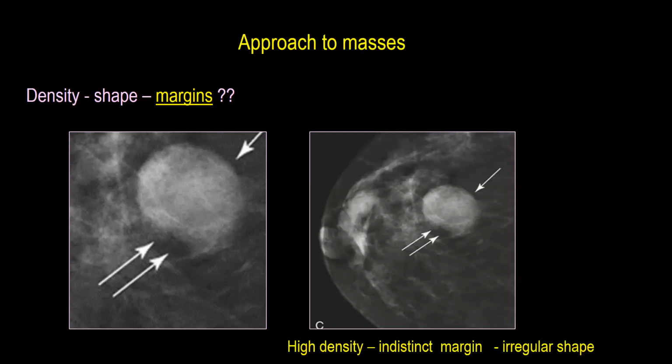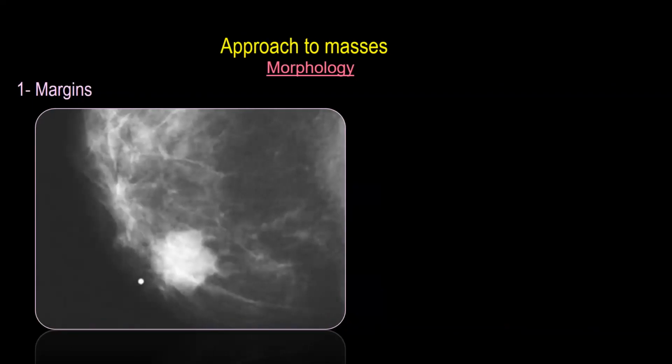These are the deceiving types of masses. You see? Just the margin. Microlobulation. Excellent. Multiple short microlobulations, density is high.